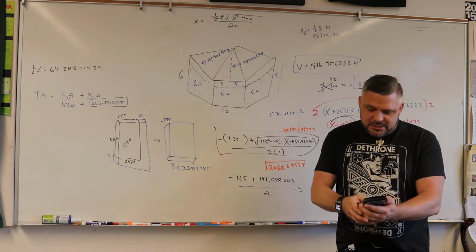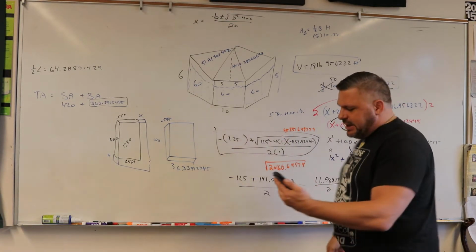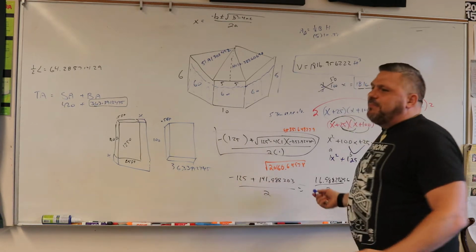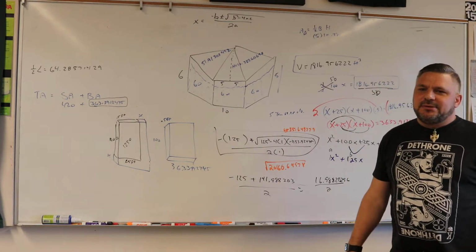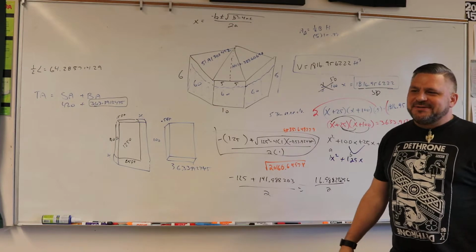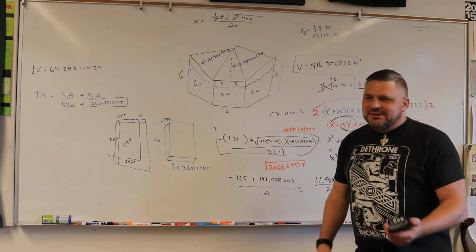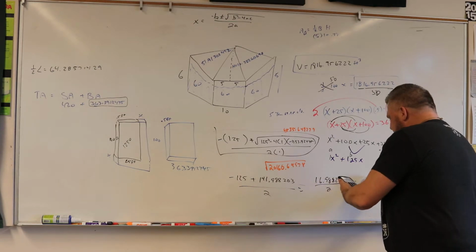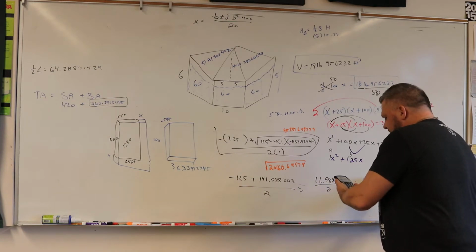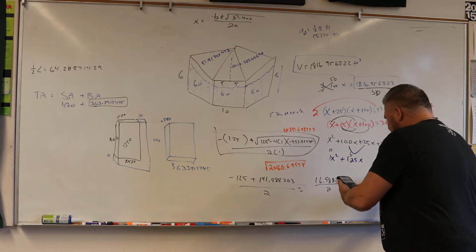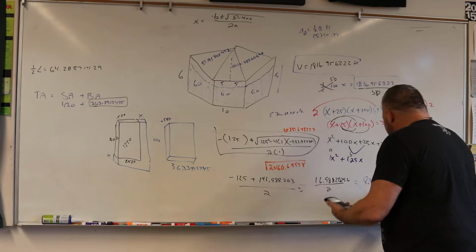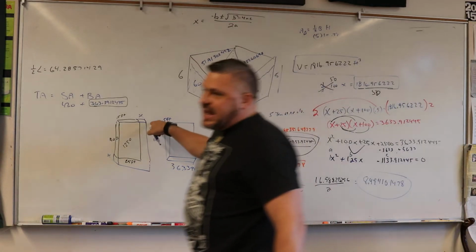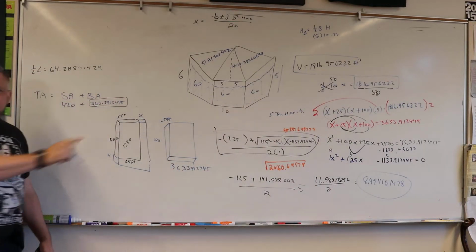Divide by what? 2. Simple, right? So what's that going to give me about? Come on, 16 divided by 2. 8. Yeah, so it equals 8.49410148. That's how much I'm going to be adding onto each side.